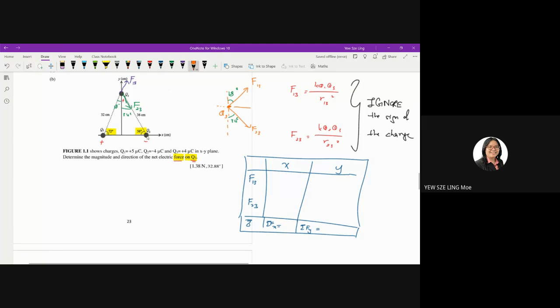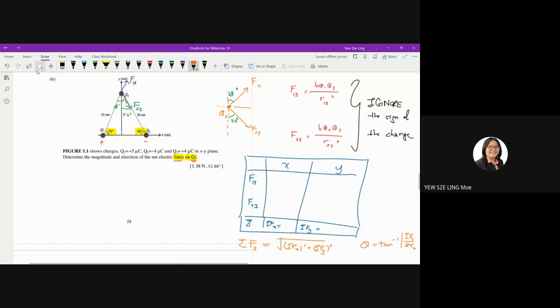Once you have these two values, you can calculate the total force on charge 3: square root of summation Fx squared plus summation Fy squared. And then you calculate the angle as usual: summation Fy over summation Fx.